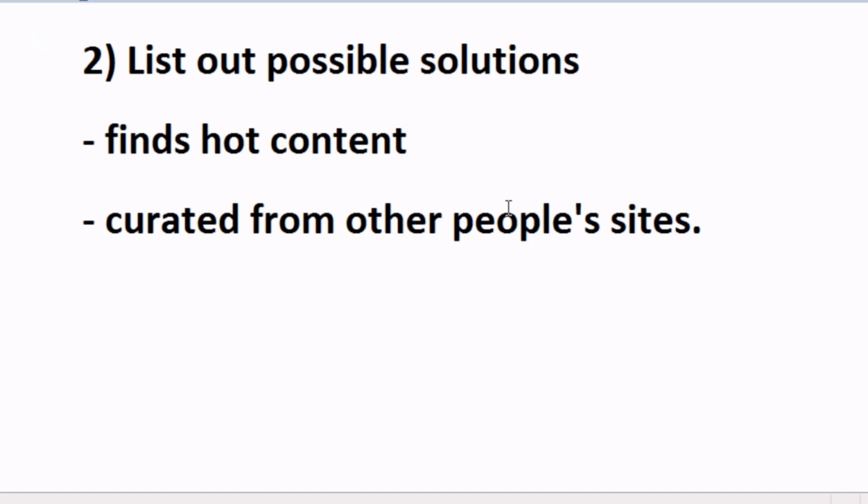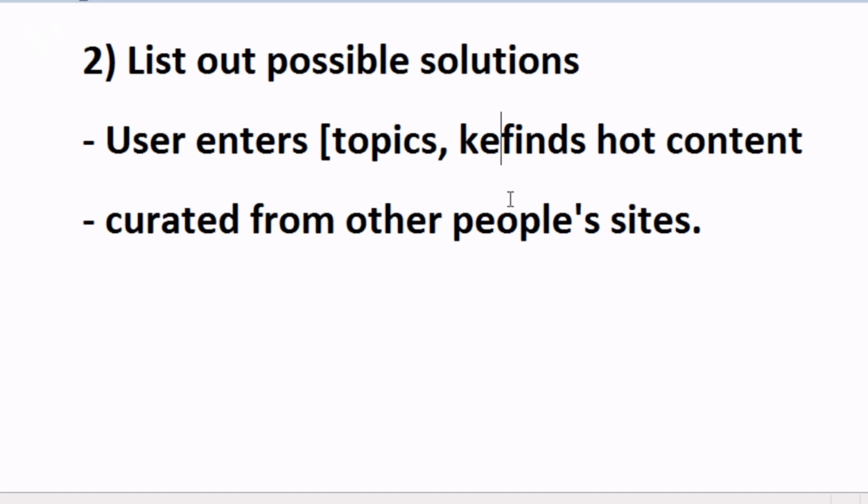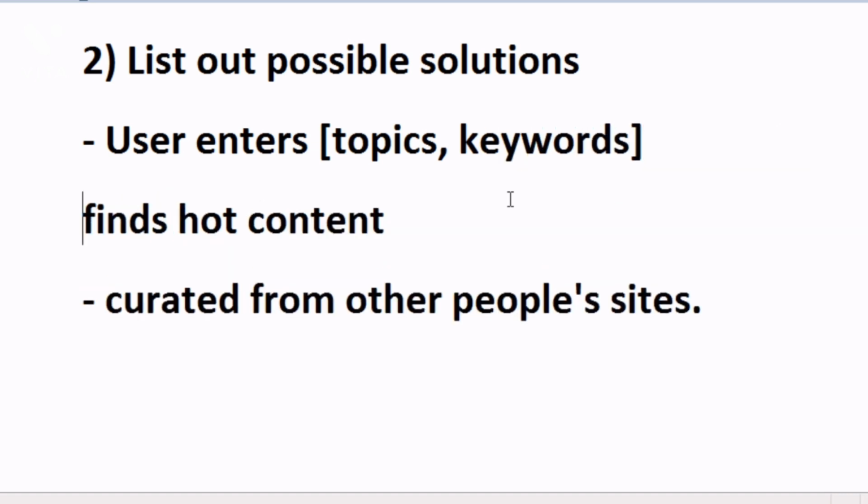All right, so first we need to have a tool and a WordPress plugin where maybe somebody enters a topic or a keyword. So let's say user enters something like, I'll put brackets around it, topics, keywords, something. And then the plugin needs to do something next. So obviously, if you go to Google, for example, and let me break it down.